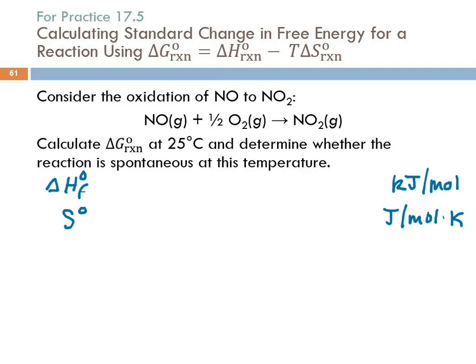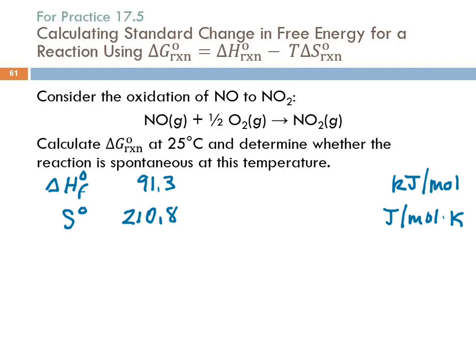So we're looking in our table again. NO in the gas state, delta HF is 91.3. And as long as we're there, we might as well get S, 210.8. And oxygen, O2.